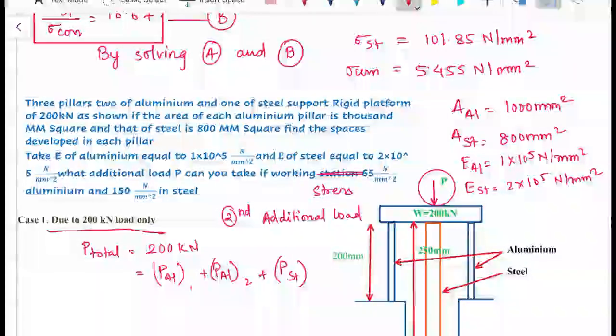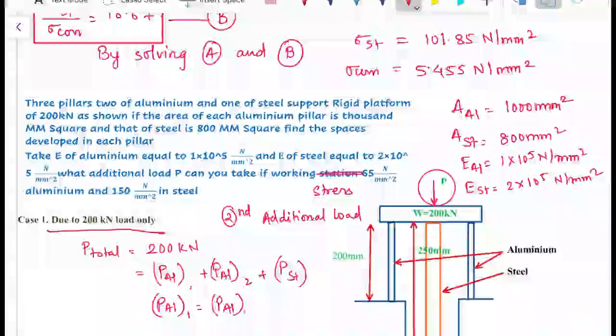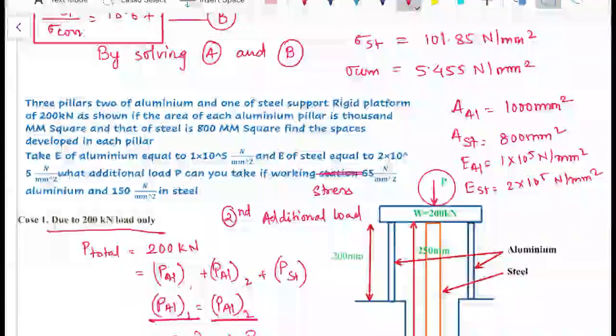Now in the figure itself, the cross section area is the same for the aluminium bars, and their lengths are the same, so the load on the first aluminium bar will be equal to the load on the second bar. So this equation will become 2 times the load on aluminium plus load on steel bar.